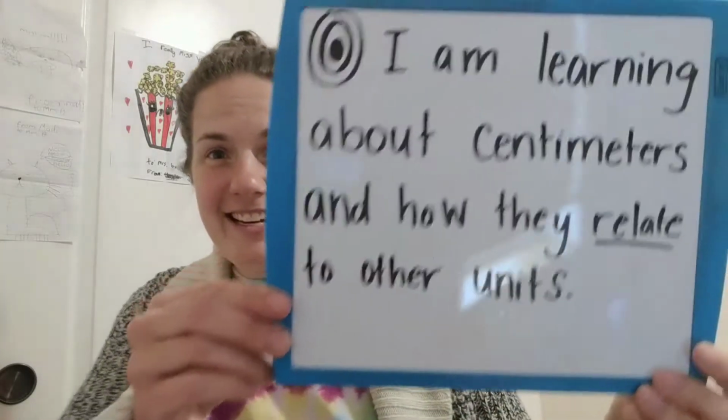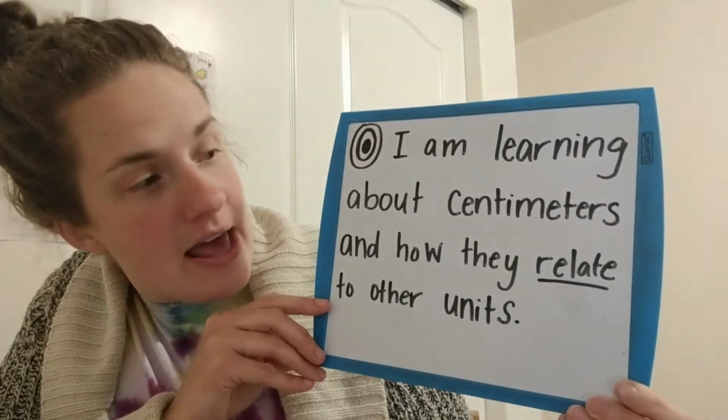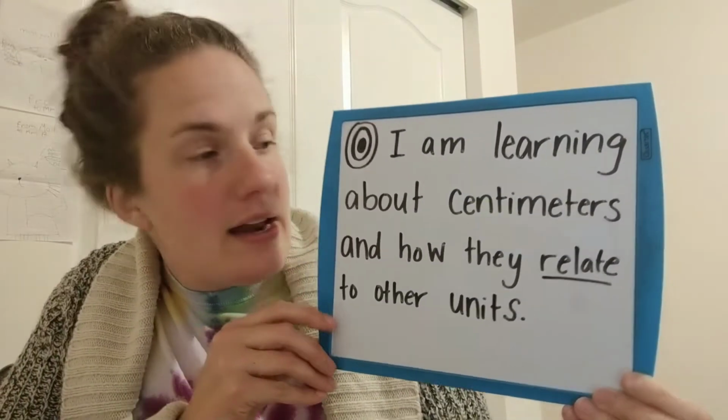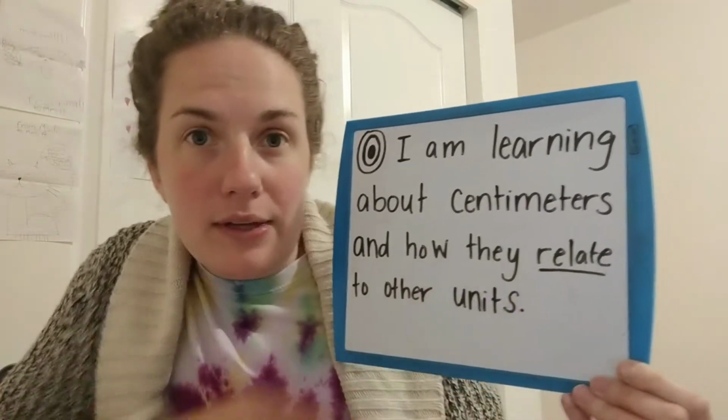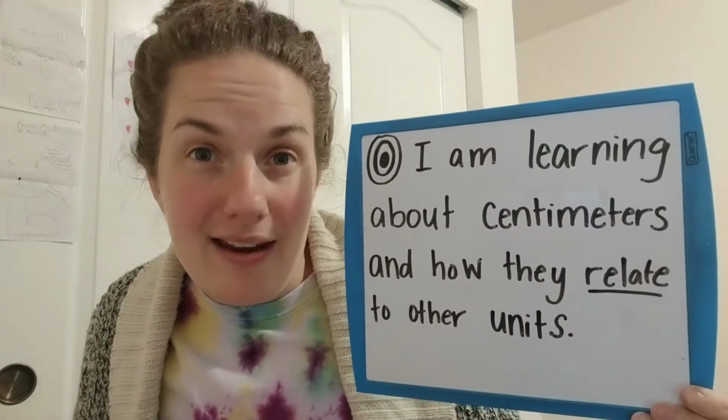All right, friends, are you ready to see what our learning target is for today? I am learning about centimeters and how they relate to other units. Now, I underline that word relate because that's an important way we think about math and numbers.